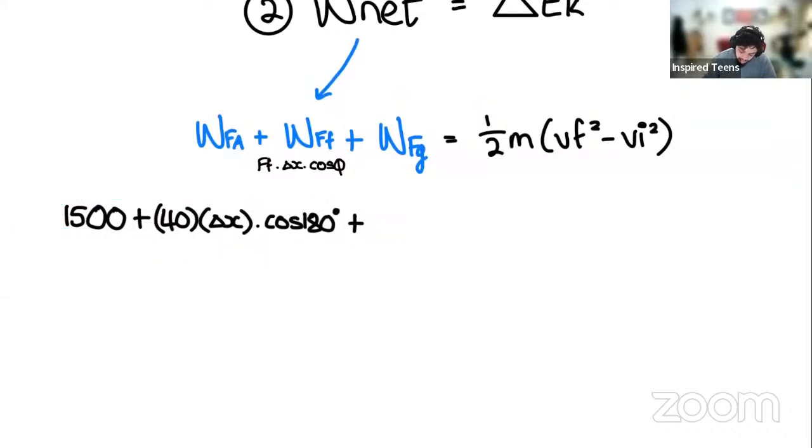Now please pay careful attention to this. The work done by FG is calculated by using which force? FG parallel. Please do not use FG perpendicular. Remember the first thing we discussed in this section was that in this main work formula, the only force that you can substitute is a force that's parallel to the direction of motion.